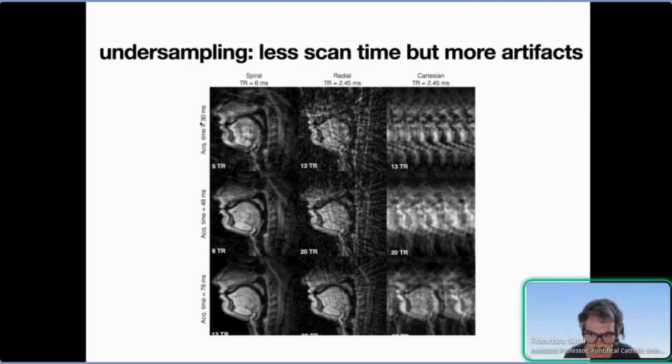This is 30 milliseconds, this is 78 milliseconds, and you can see that the images are improving, but in the Cartesian case they are never that good, and for spirals and radial they are quite okay.